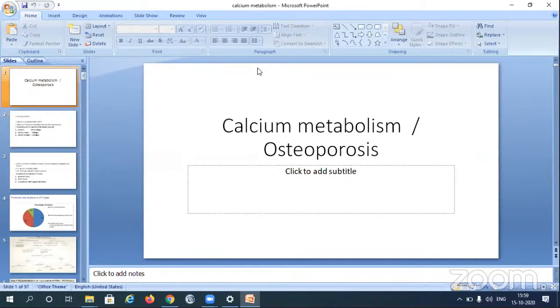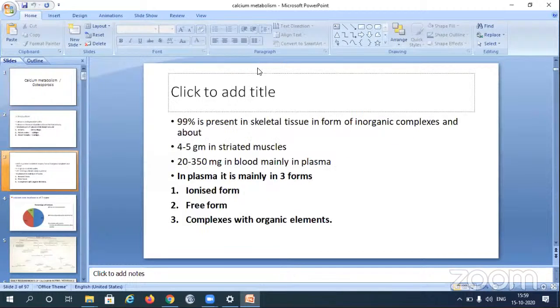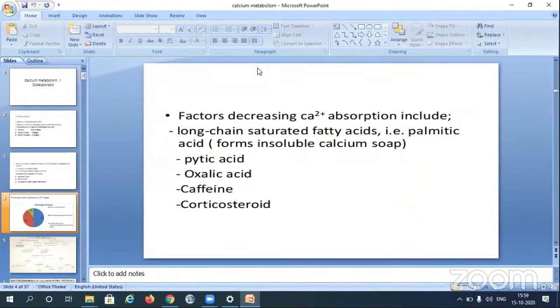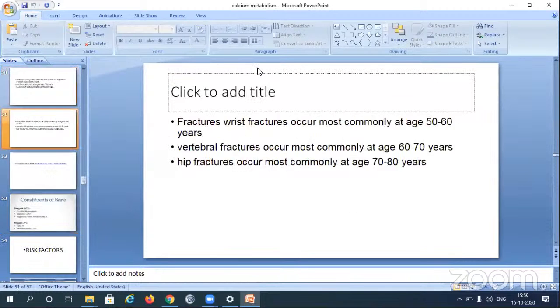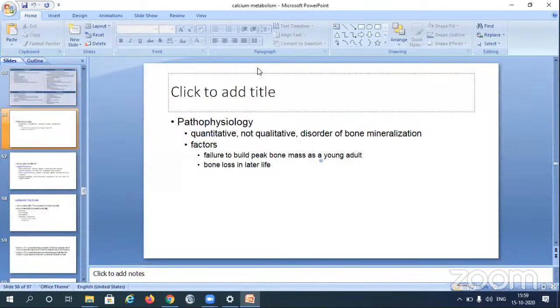You have discussed only the medical management of osteoporosis, isn't it? Surgical management you have not discussed: the management of complications, fractures, how to manage fractures, vertebral fractures.